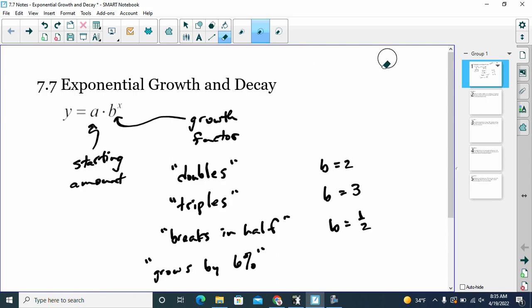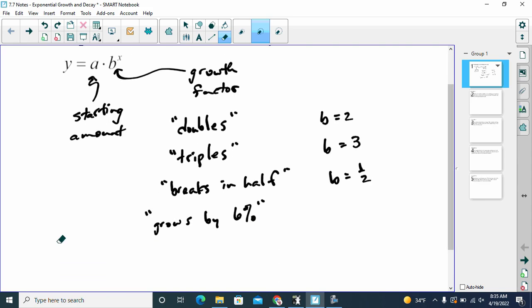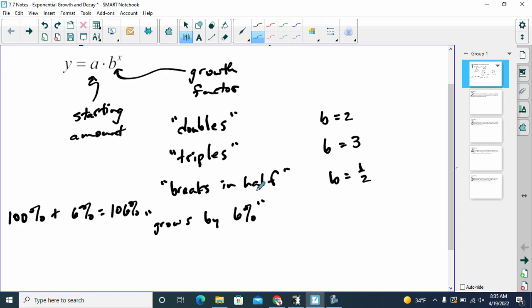So there's something we need to do before we move that decimal point. If it is growing, if it's getting bigger, we want to start with where it's at right now, and right now it's at 100%. So I'm going to take 100%, and I want to add 6% to that. So 100% plus 6% gives me 106%.